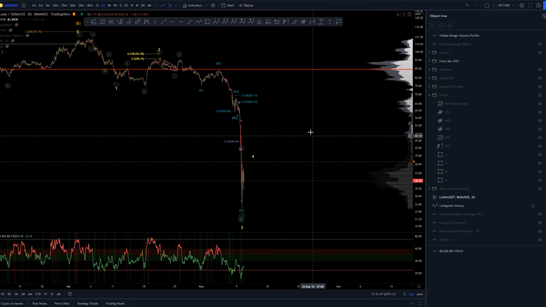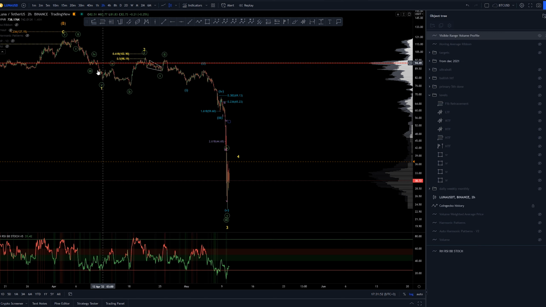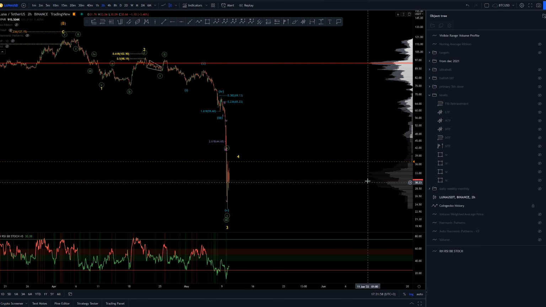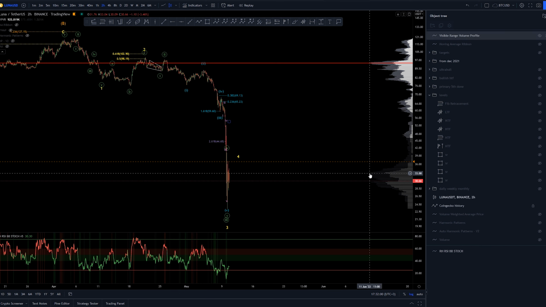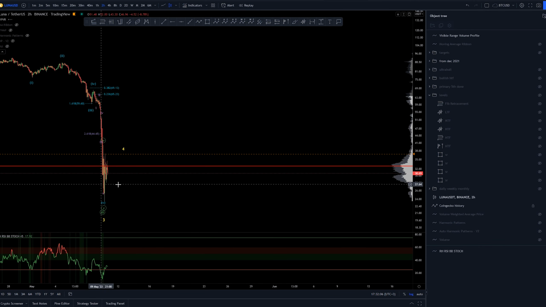Now we can see from the volume profile of this current move that the point of control is still up here. Loads of volume here though, as most likely this is going to get the point of control soon. One of these peaks is definitely really close, so more volume again happening here.